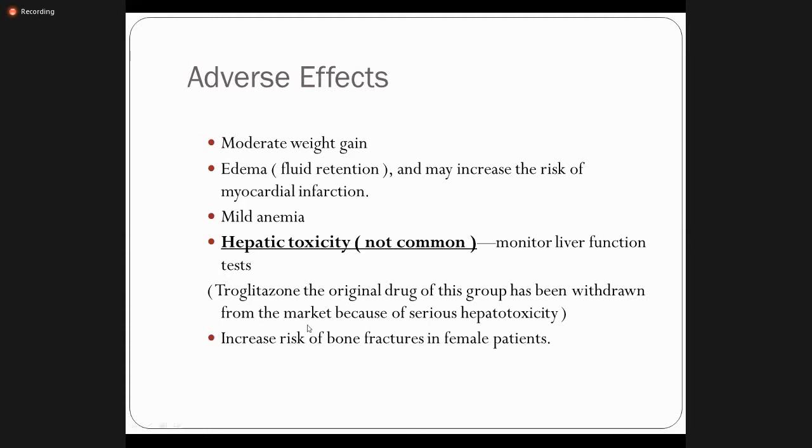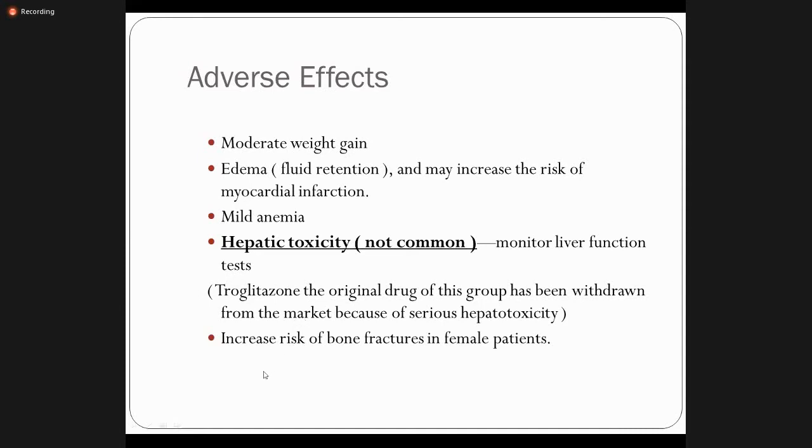So if a patient is on the current drugs of the thiazolidinedione group, though they are not going to produce hepatotoxicity, we carefully have to monitor for the safe side, because this group is linked with the parent drug troglitazone, which was withdrawn due to serious hepatotoxicity.